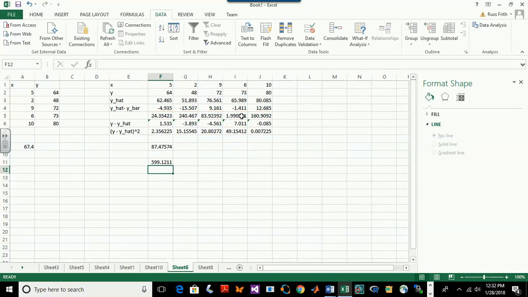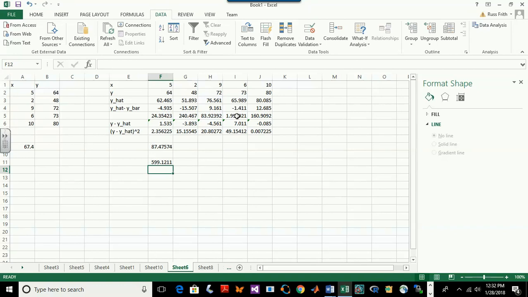All right, so the next thing we need to work on is, we need to do an example of an interval estimate for a predicted value.